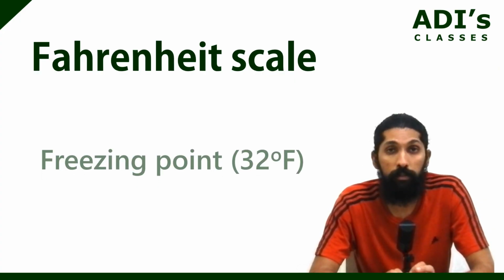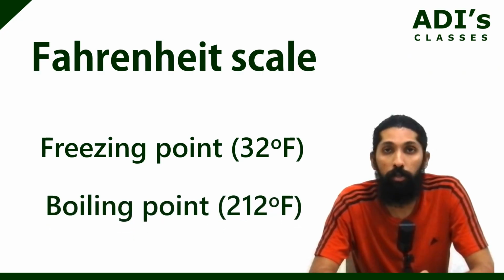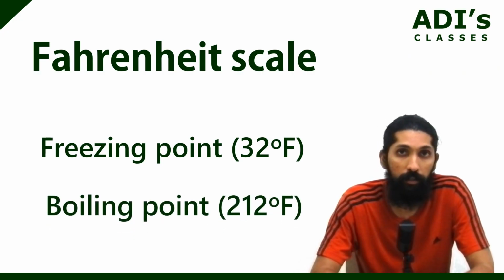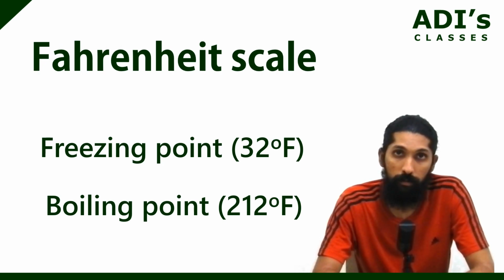The second way is the degree Fahrenheit scale. In this also, the freezing point and boiling point are the standard values. The freezing point of water is 32 degrees Fahrenheit, and the boiling point is 212 degrees Fahrenheit. So between them there are 180 divisions.